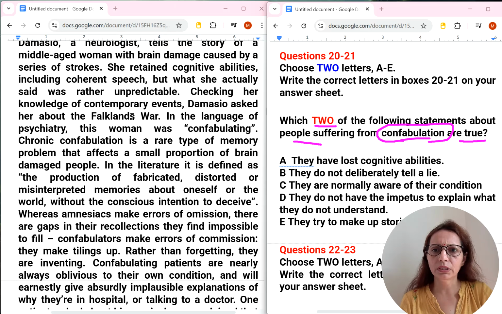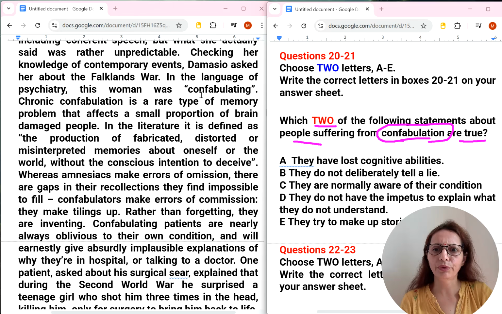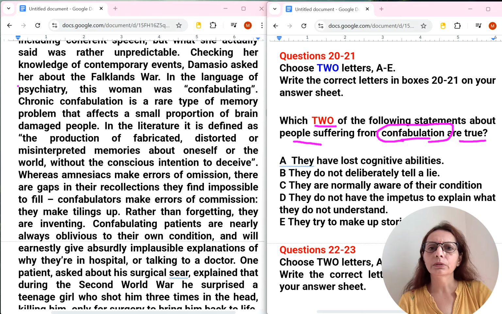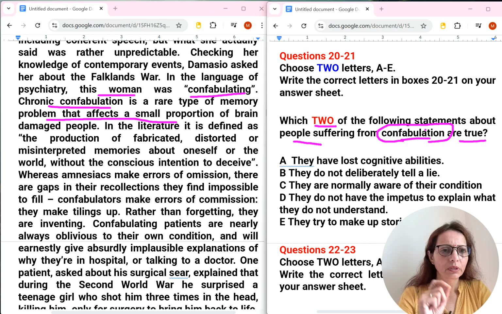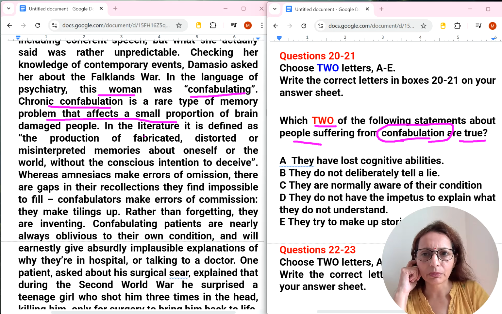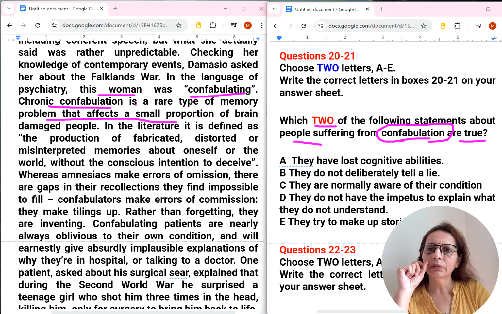Here they have started talking about confabulation. Okay, so we will not read any option first. Confabulating is here. So in the language, this woman was confabulating. Chronic confabulation is a rare type of memory problem that affects a small proportion of brain damaged people.